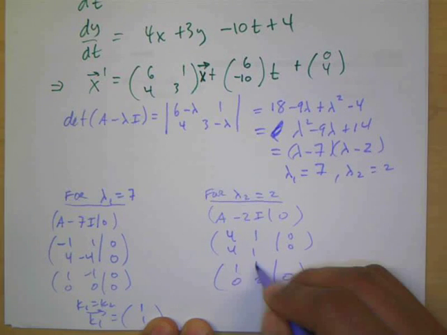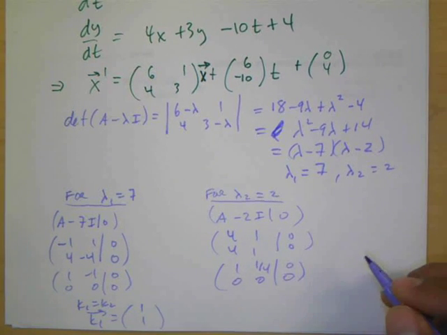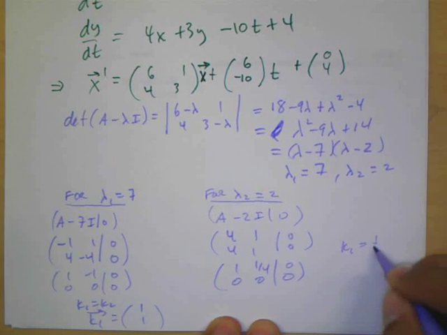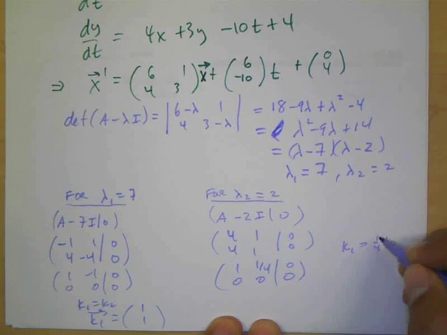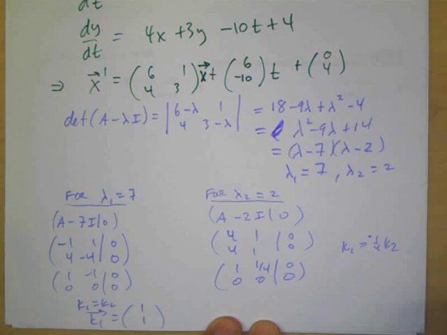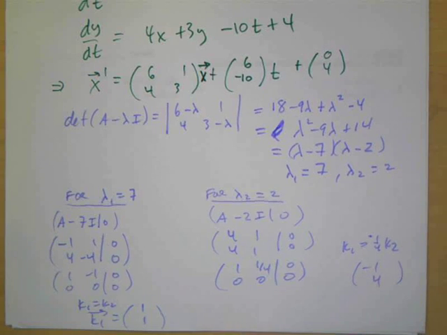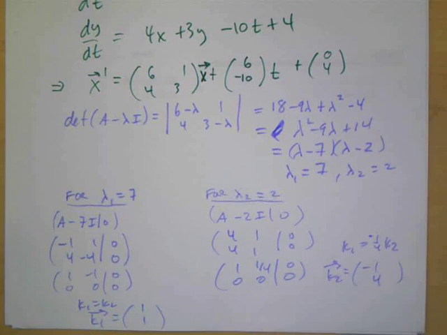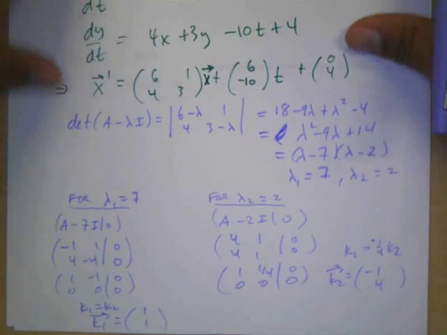So that's the same as 1, 1/4, 0. So K1 equals negative 1/4 K2. So let's say 4 for K2, negative 1 for K1.